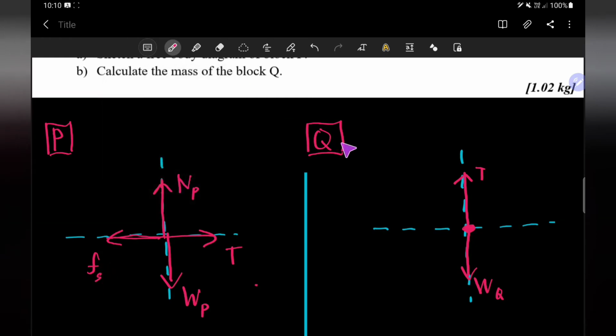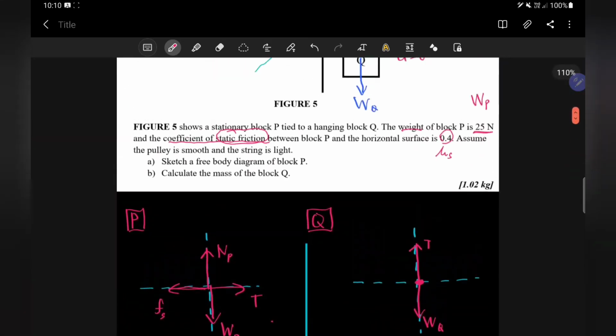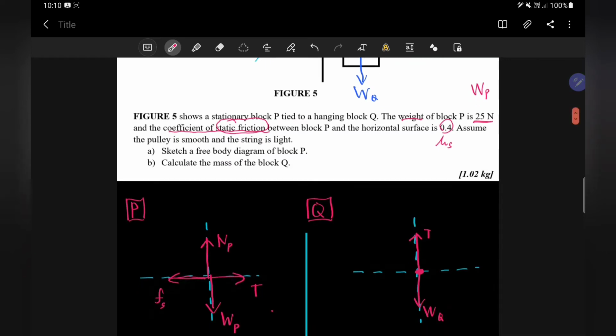And then for Q, just tension and WQ. So they ask you to sketch, complete already. Remember, all the forces should come with the head of the arrow. Make sure, if not, some marks will be deducted for the diagram.